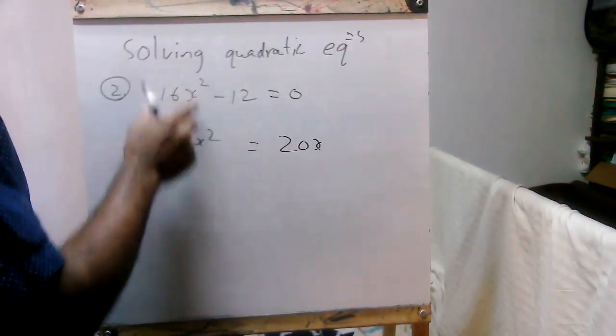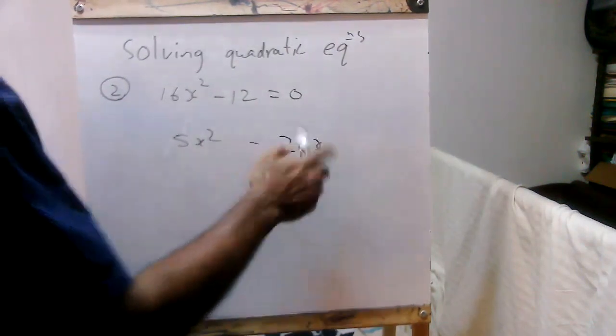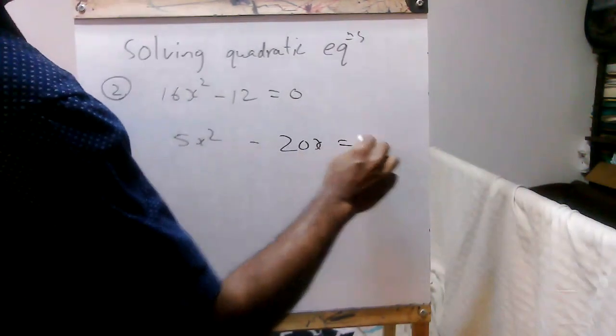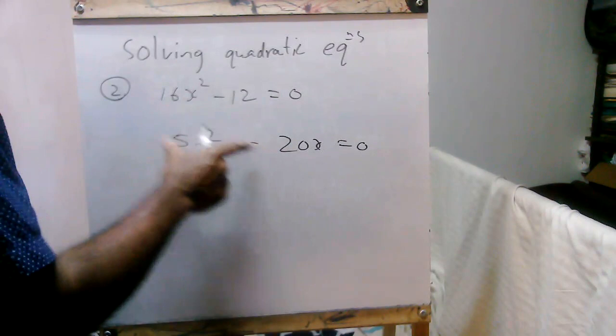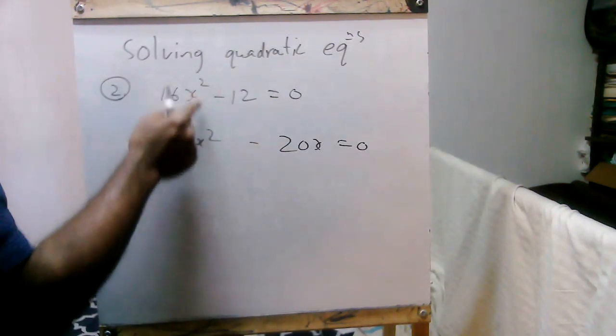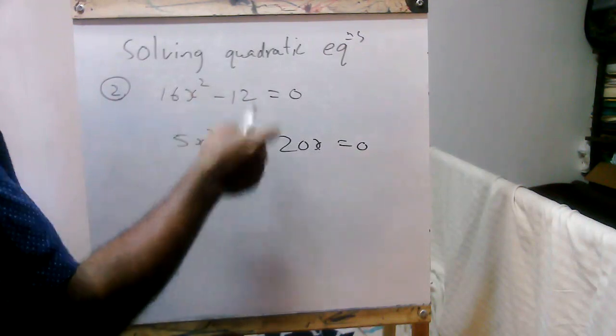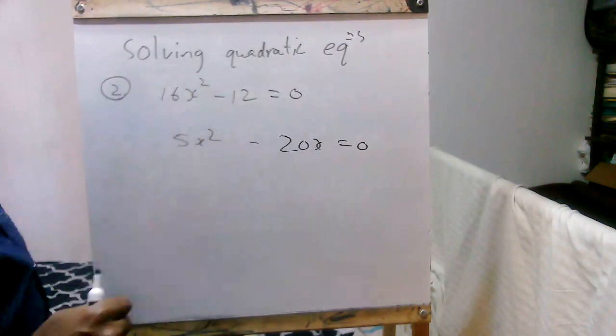Here in both cases we have two terms. If you move this to this side, you get minus 20x equal to 0. It looks similar. They both have two terms, but the difference is the first term has x squared, and the second term, this one has x, this does not, right?